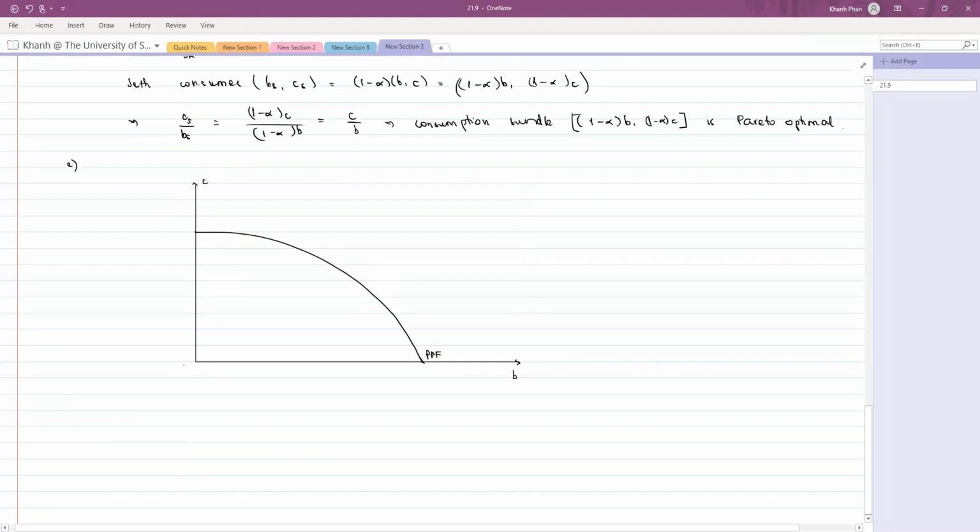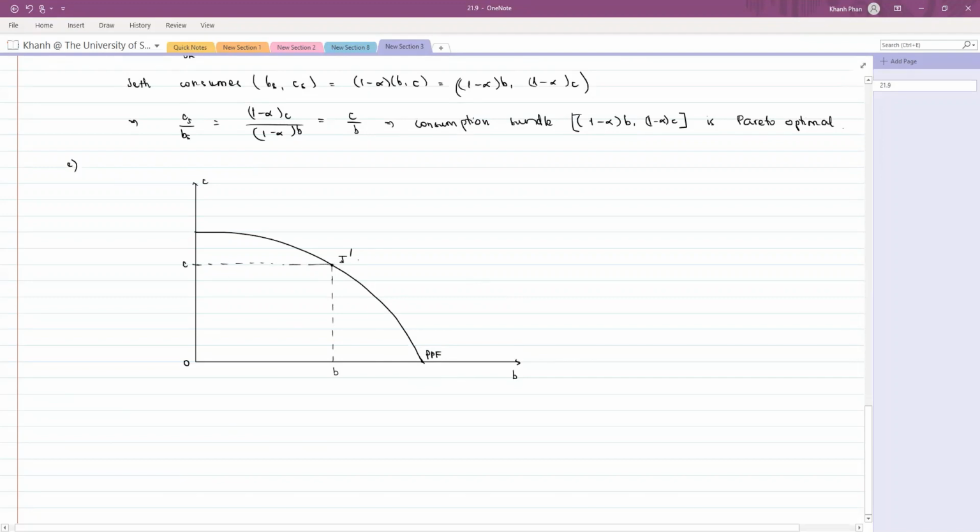The production possibility frontier tells you the optimal combination of B and C an economy can produce given the availability of capital and labor in the economy. If I just pick a random point on the PPF, I'll pick a point over here, which is J dash. This tells you the maximum amount of B, and this is the maximum amount of C that the economy can produce.